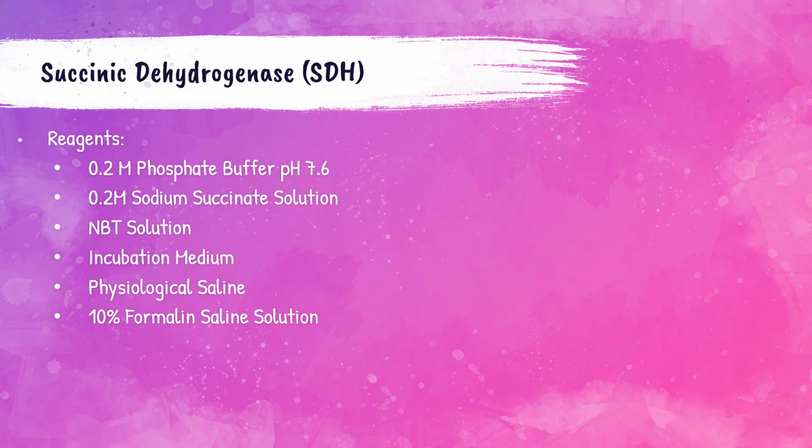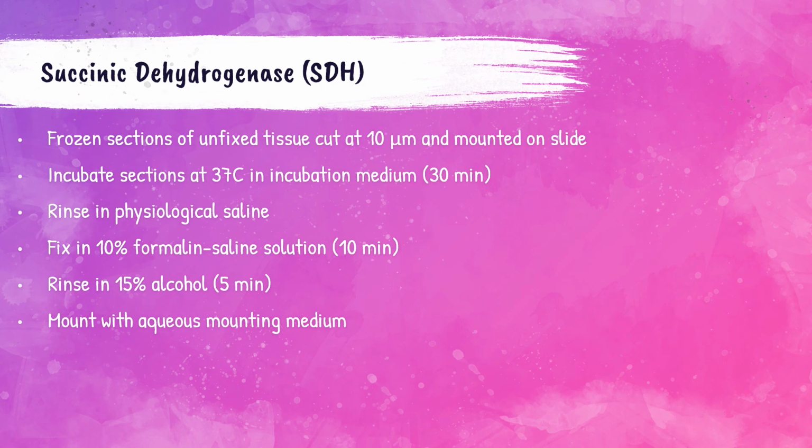Reagents for the SDH technique are 0.2 molar phosphate buffer at a pH of 7.6, 0.2 molar sodium succinate solution, NBT solution, incubating medium, physiological saline, and 10% formalin saline solution. To perform the SDH technique, a frozen section of unfixed tissue is cut at 10 microns and then mounted on the slide.